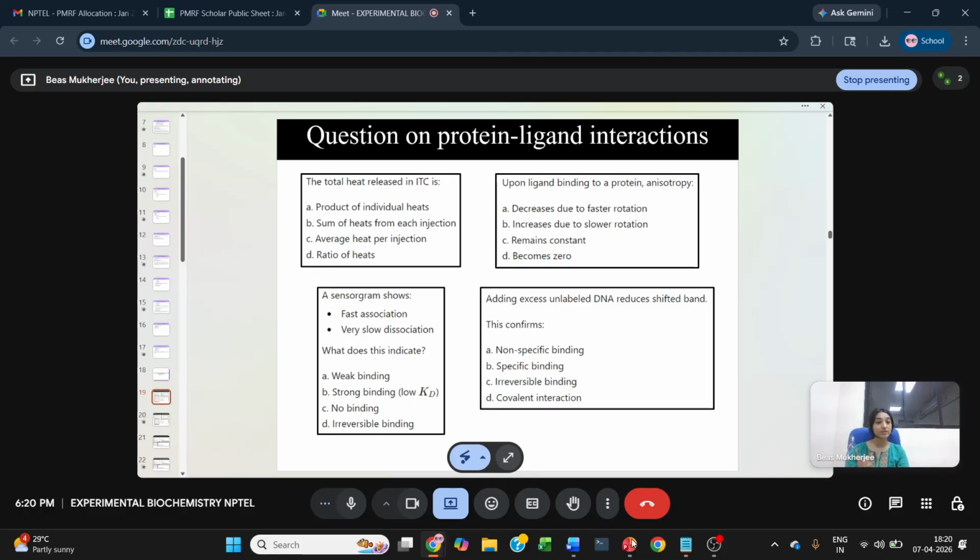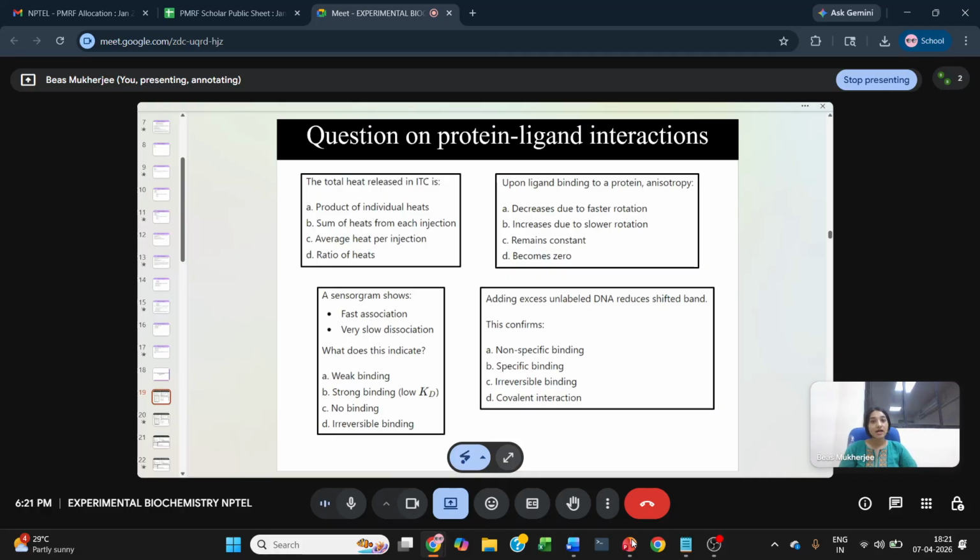If you remember, there was a question where a thermograph was given with different peaks, and you had to tell whether the total heat released or absorbed was the summation of all of these, or multiplication, or exactly what. So that is a question that is actually repeated.